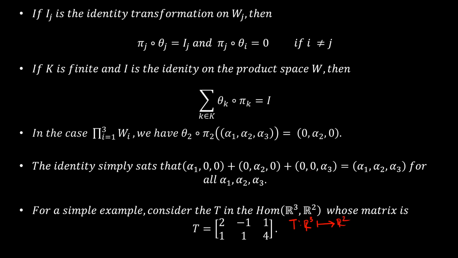This is the same as a matrix, and we have this matrix T that is obviously going to take a three-dimensional coordinate vector and then cough out a two-dimensional vector.